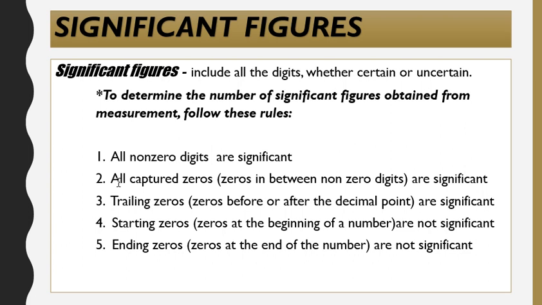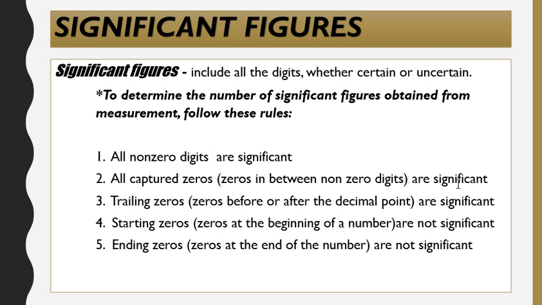But second, all captured zeros, or zeros in between non-zero digits, are significant. In the first rule, we described zero as not significant because only non-zero digits are significant. But in the second rule, when zeros are in between two non-zero digits, they are considered significant.